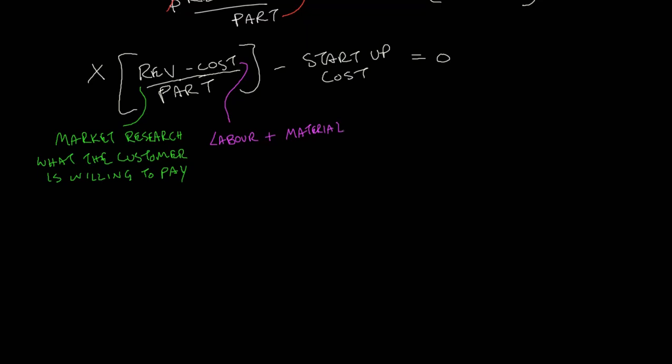So to make anything, you got to buy material and you got to pay somebody to do something, or you got to pay for a machine to operate. No matter if it's automated or not, there's still something you got to pay to make that thing. You can't get something from nothing. Okay, so in that material, this breaks down even further. So material turns into the part cost and the scrap.